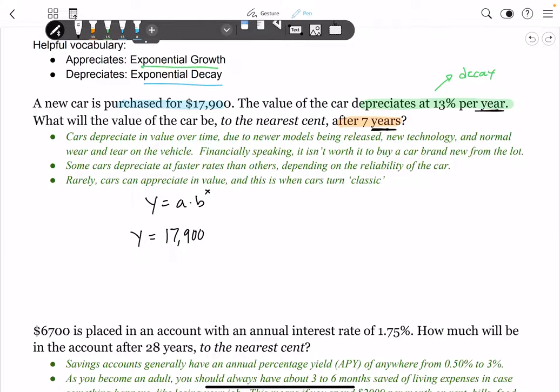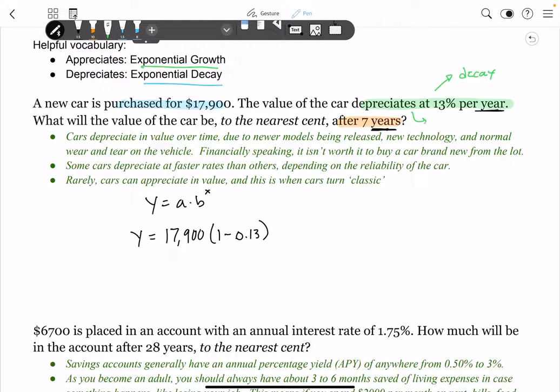To get our B value, we're not simply going to take that 13%. What we really want to figure out is what is going to be left every year after that depreciation happens. So because it's decay, I'm going to subtract from 1. So let me write that up here.